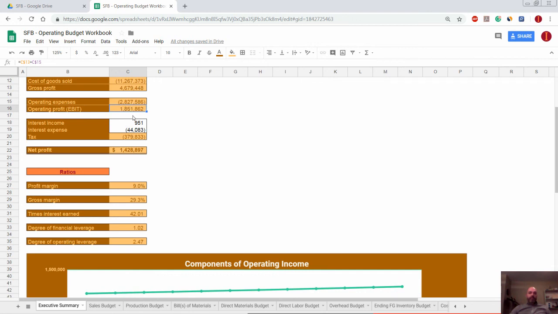So a 10% increase in operating profit would equal a 10.2% increase in net profit, based on the amount of money we borrowed, based on the amount of our interest expense. A 10% decrease would equal a 10.2% decrease in net profit.